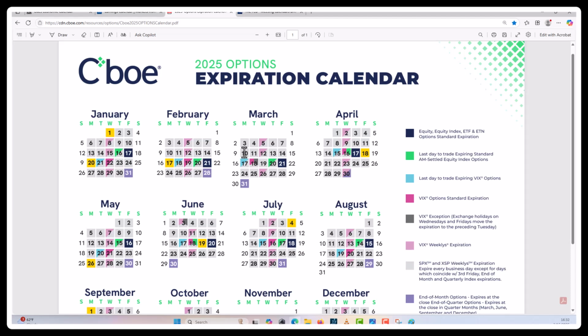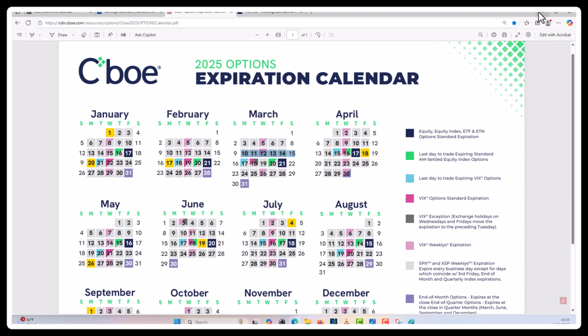So basically we are in week 11, and then it's week 10. Then this week is week 9, and then this week is week 8. Week 8 in February.